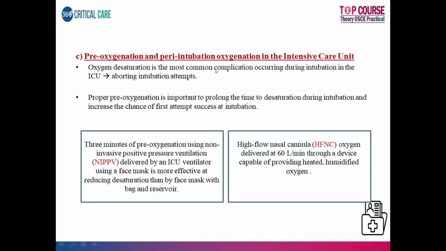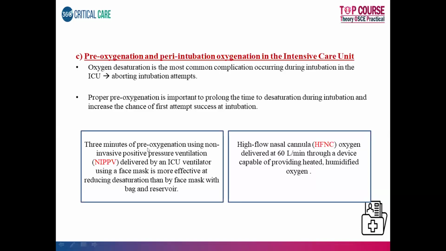So how can we achieve a good pre-oxygenation in an ICU patient? Yes, we all do bag mask ventilation, but there are many trials which tell that NIV or using an HFNC will help in having a good pre-oxygen reserve before intubation.